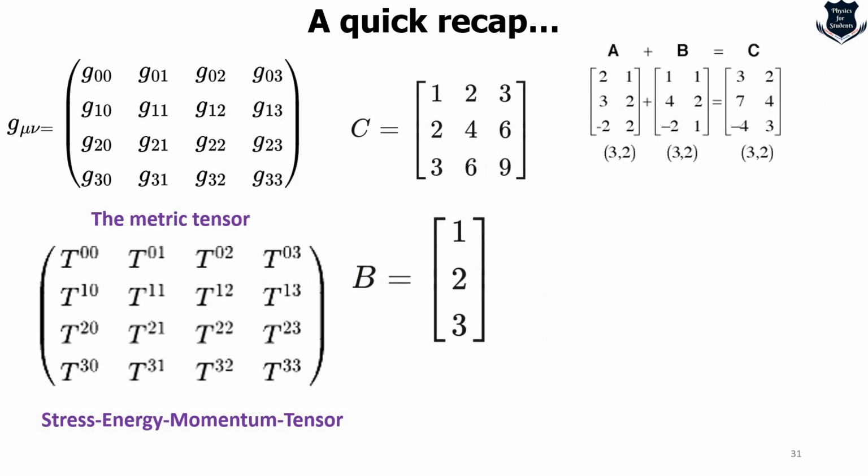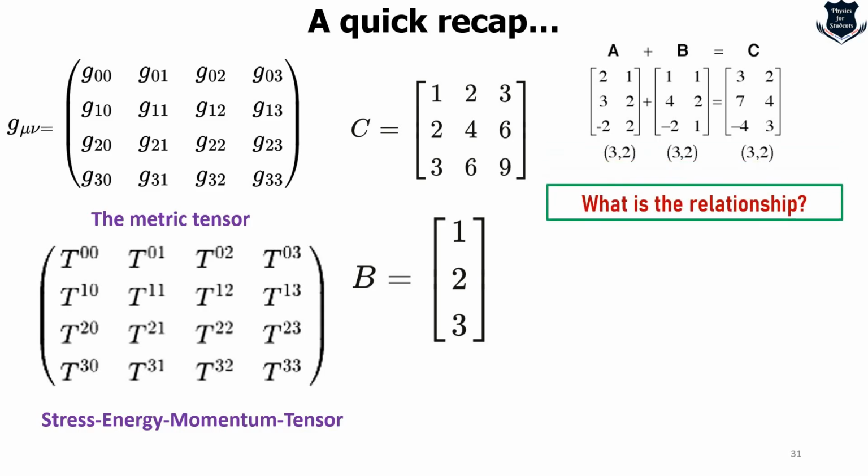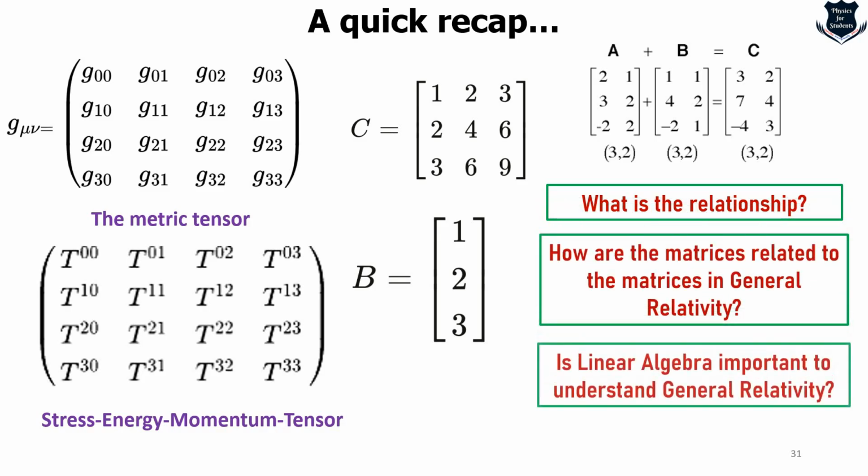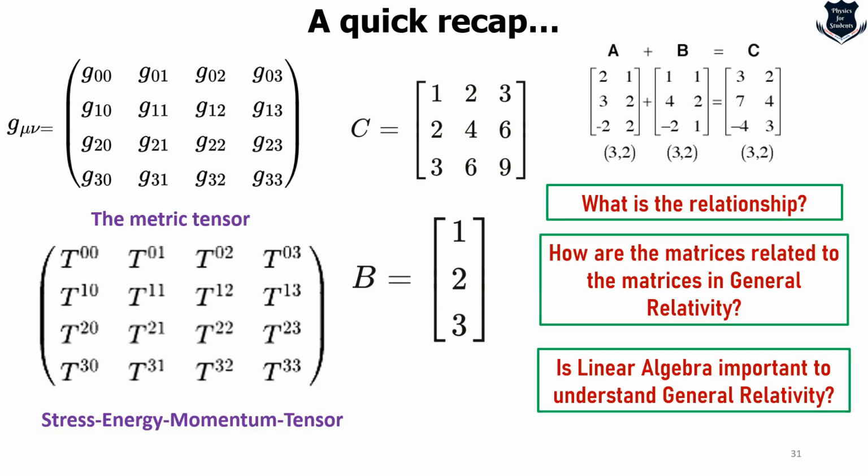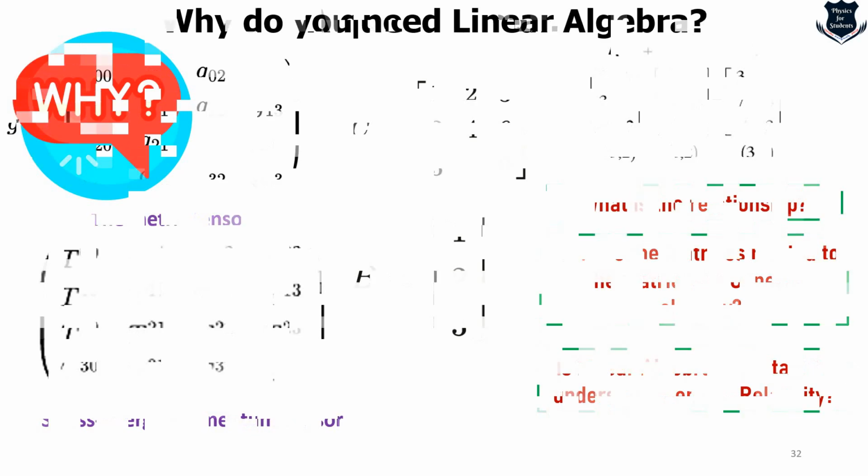We have the matrices, the indices, the operations of matrices on one hand, and on the other hand, you see these things in general relativity. So the question is: how are the matrices related to the matrices in general relativity, and why is linear algebra important? Or you might ask, is linear algebra at all important to learn general relativity? That is what we are going to look into in the next part of the video.